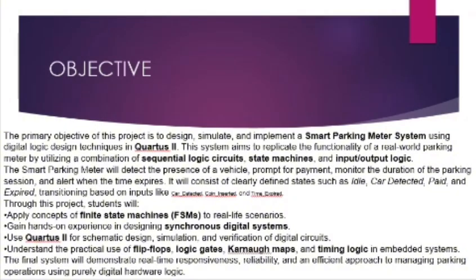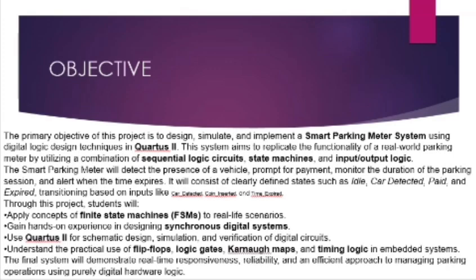This is our objective. The primary objective of this project is to design, simulate, and implement a smart parking meter system using digital logic design techniques in Quartus II. This system aims to replicate the functionality of a real-world parking meter by utilizing a combination of sequential logic circuits, state machines, and input or output logic.